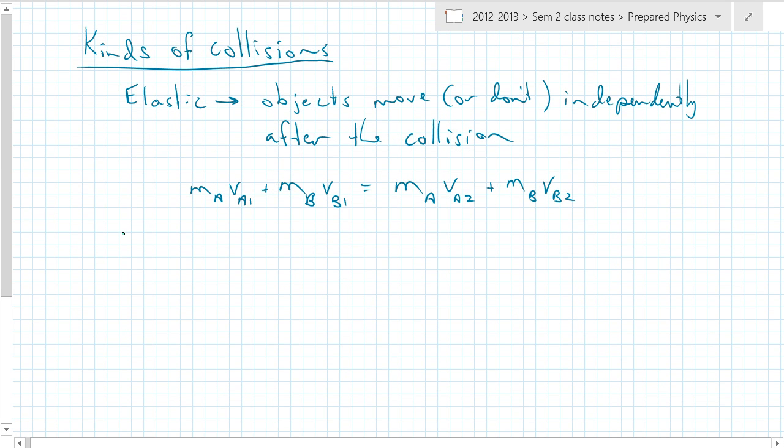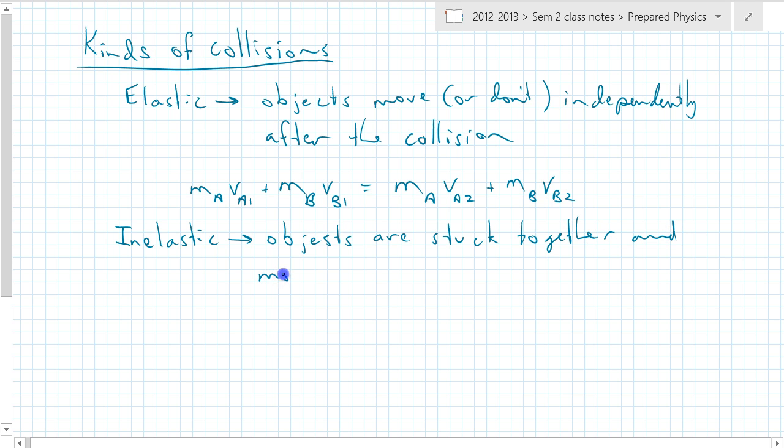And the other kind of collision is an inelastic collision, where the objects are stuck together and move, or don't, as one object after the collision.